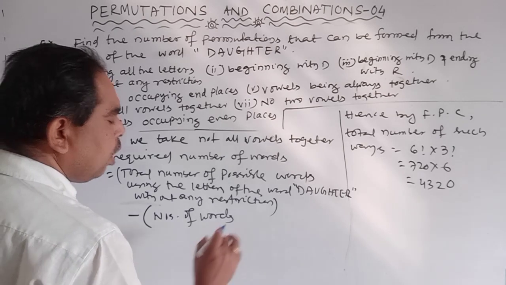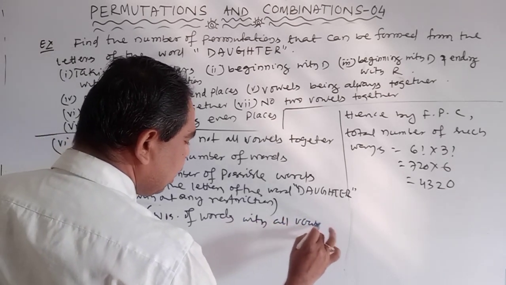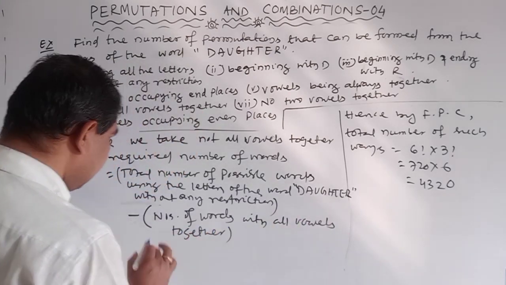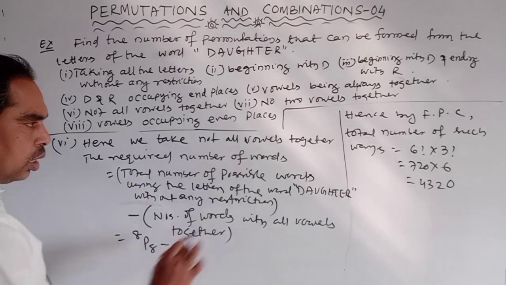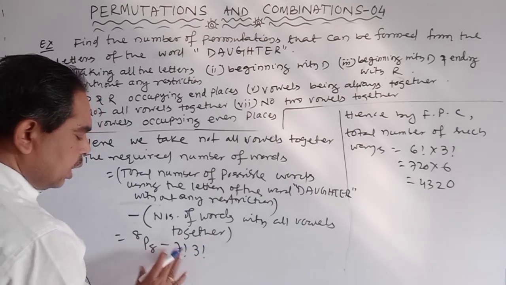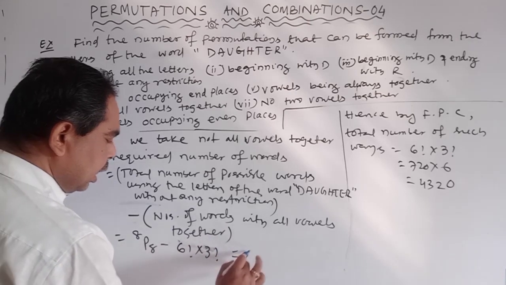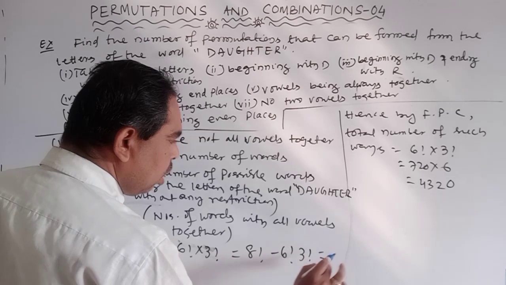This is 8P8 minus 6 factorial into 3 factorial, that is 8 factorial minus 6 factorial into 3 factorial.